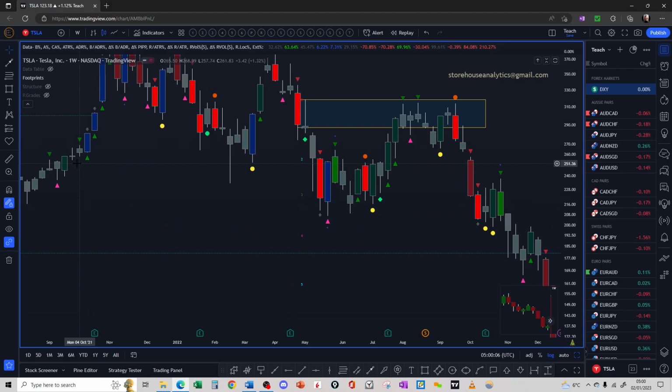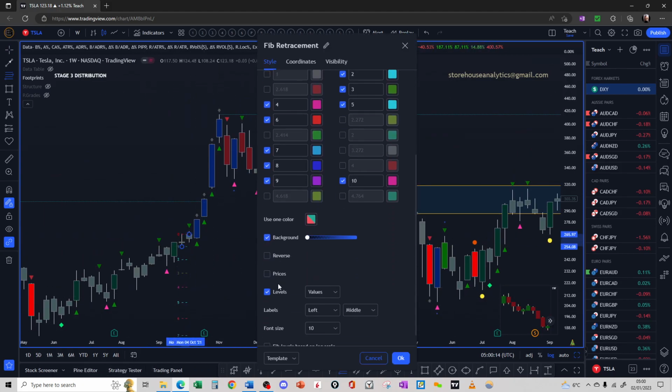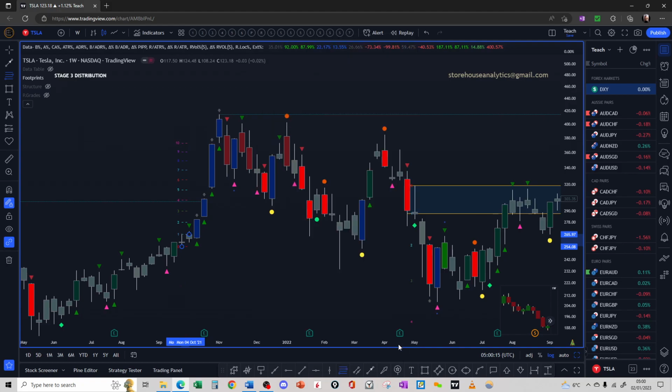If you were looking at demand, you would want to know how far prices went before meeting supply. So literally that's the first opposing candle, the first red candle there.